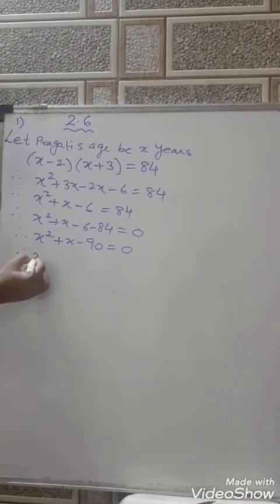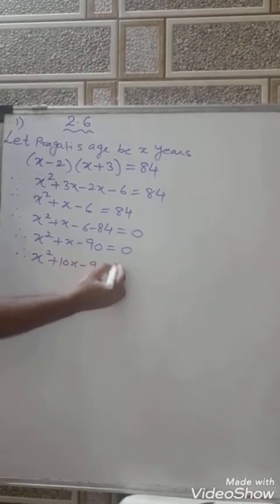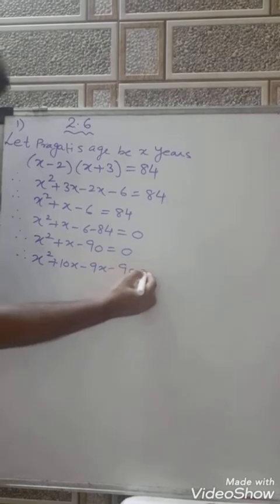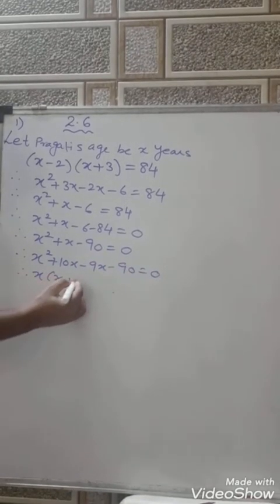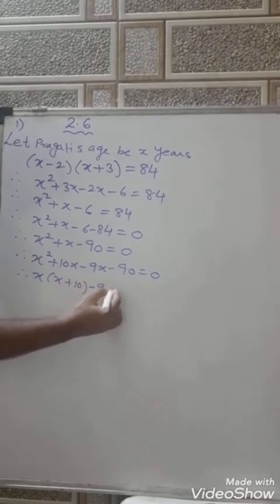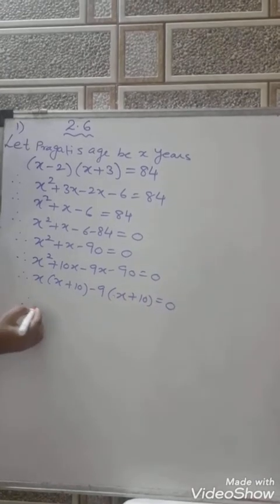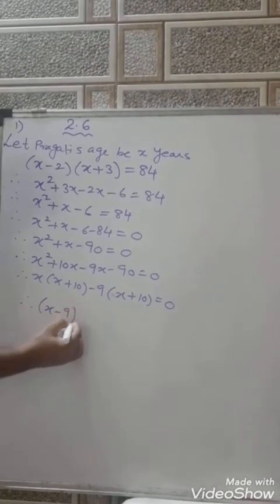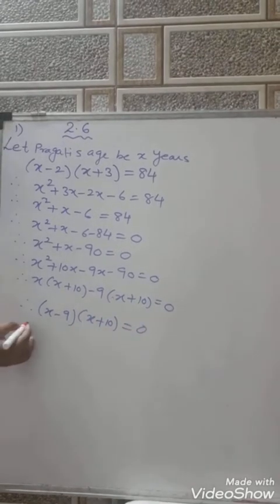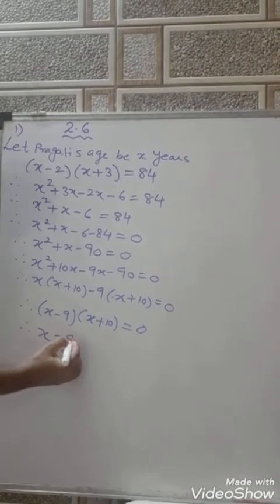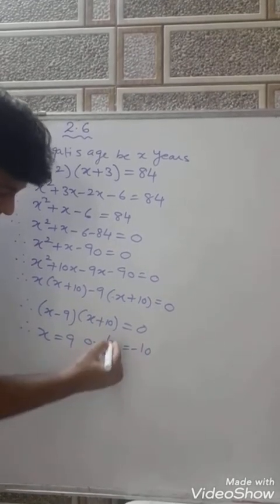So we take 10 and 9: x square plus 10x minus 9x minus 90 equals 0. Taking x common, you get x plus 10, and taking minus 9 common, you get x plus 10. So x minus 9 and x plus 10 equals 0. So x equals 9 or x equals minus 10.